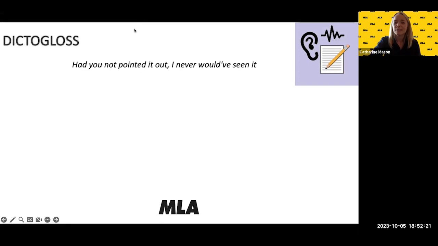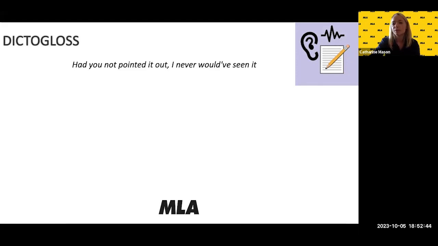So here is the sentence. And you can see with some of the sentences that came in the chat there were a couple of problems with things like the weak form of you. Had you not is quite difficult to hear.